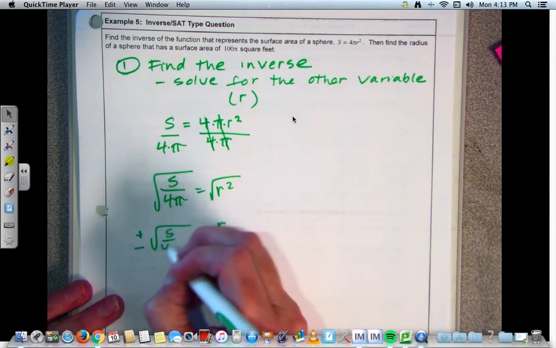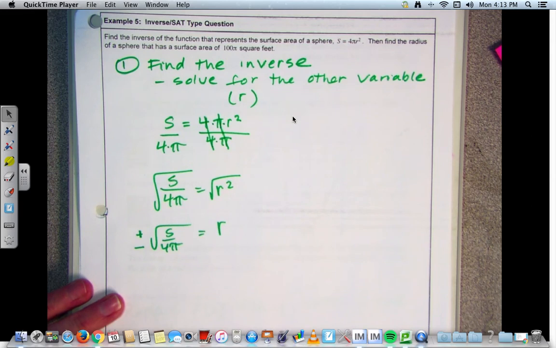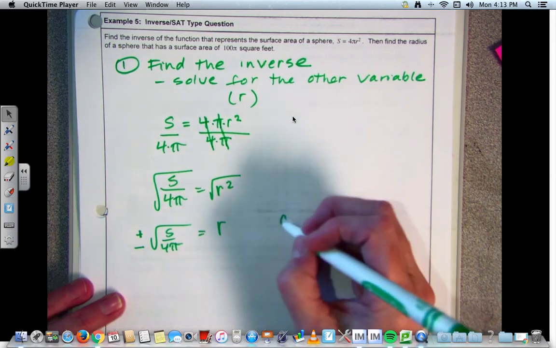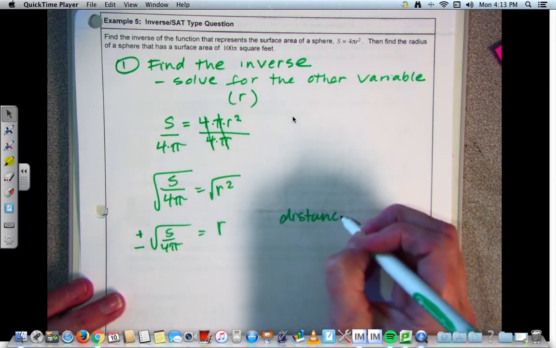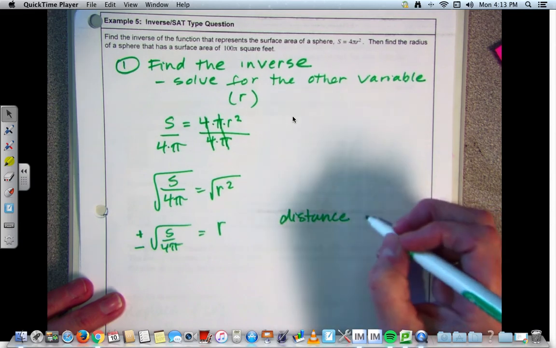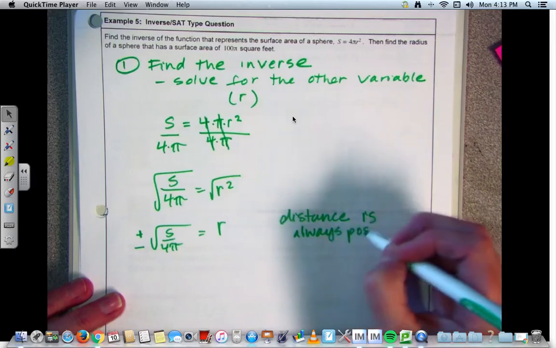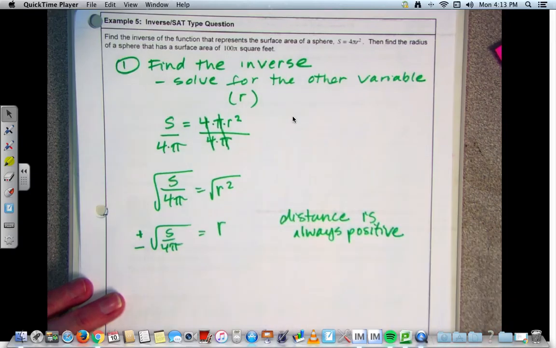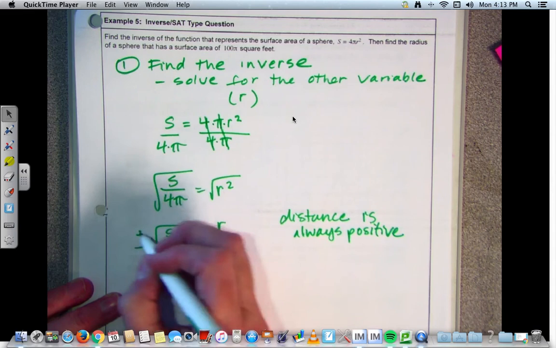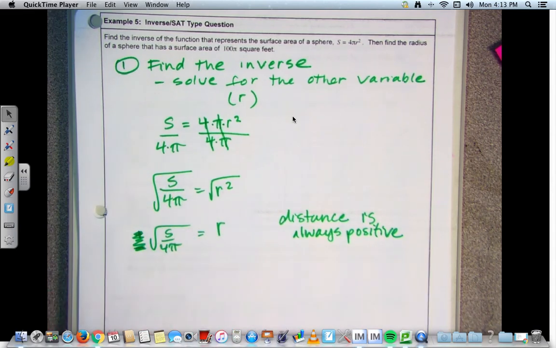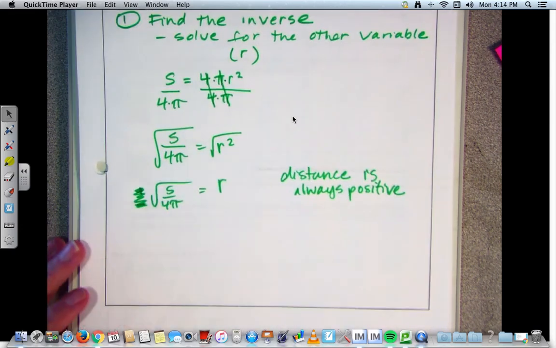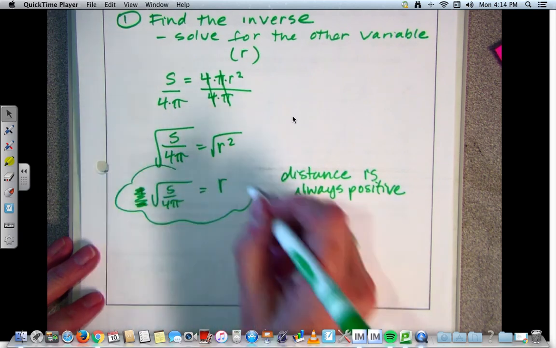However, this is distance, and distance is always positive. So we're not looking for the negative, so we're just going to look for the square root of S over 4 pi, which is positive. So we have found the inverse here.